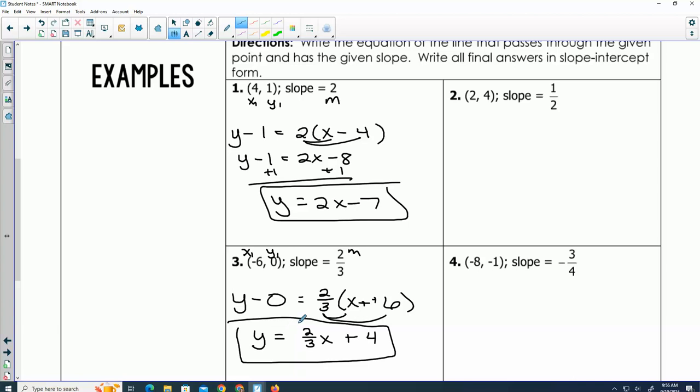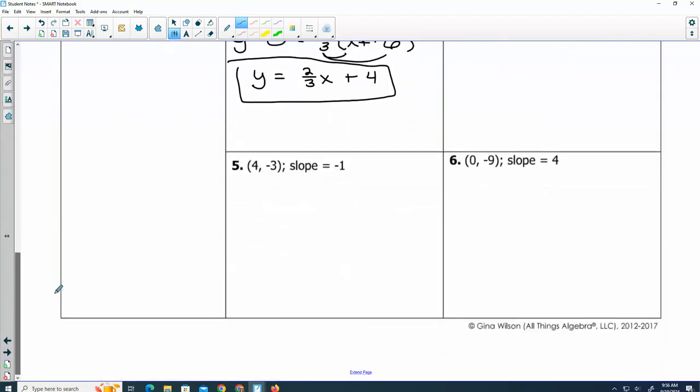Let's try another one together, and then I'll have you guys do a couple. Let's do number 5 together. So this point is my x1, y1. Slope is my m. So equation, y minus what?